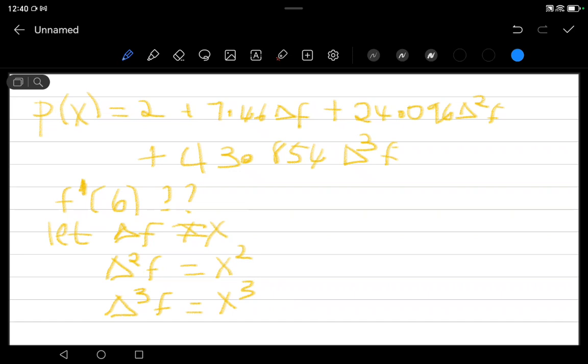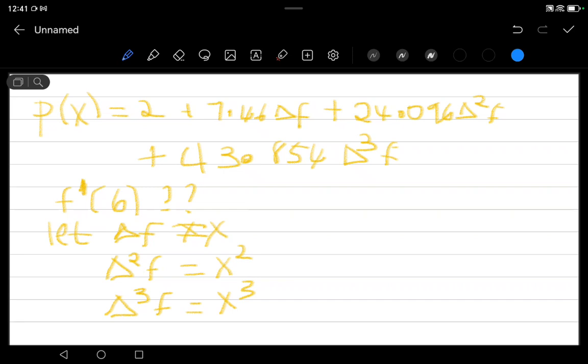The reason why we are changing is that I just want us to derivate with respect to x. So wherever there's change in f, we're going to put x, wherever there's change in square f, we're going to put x squared, and wherever there's this, we're going to put x cube. Are you following? Yes, we are. It's long, this thing. Yeah, it is very long.